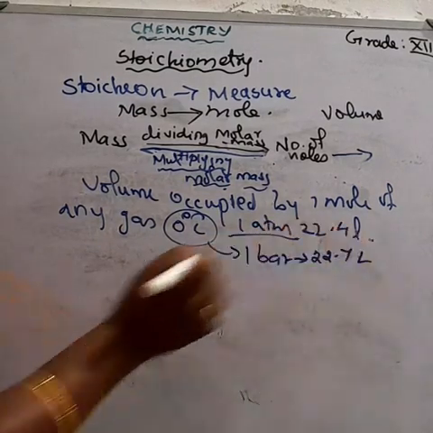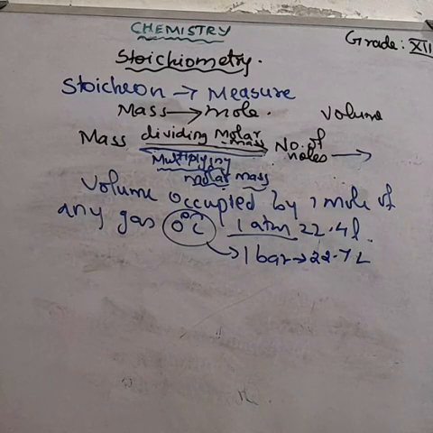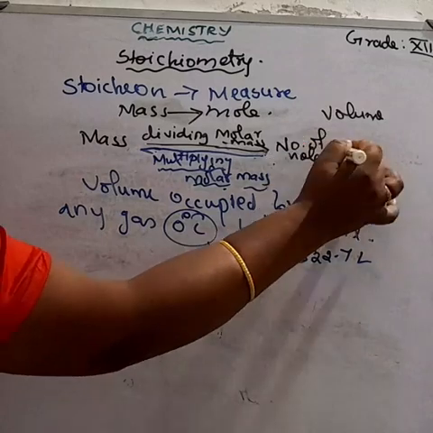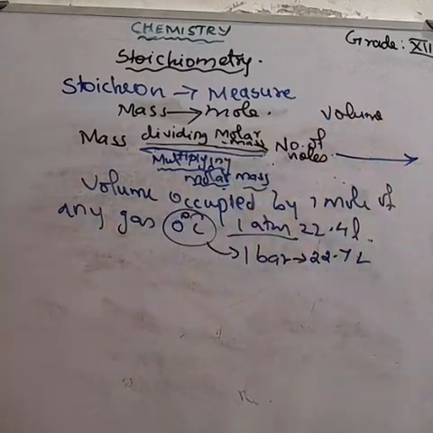In page number 8 we already learned about this. So how can we convert number of moles into volume? Multiply by 22.4 liter, and we get the volume occupied.